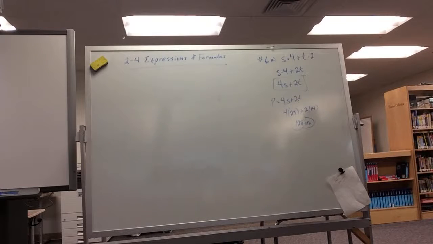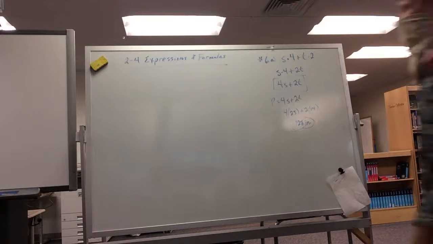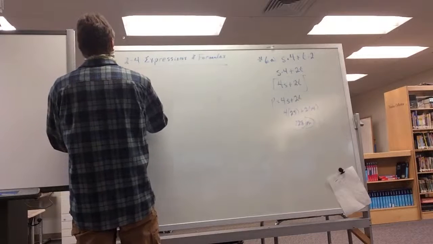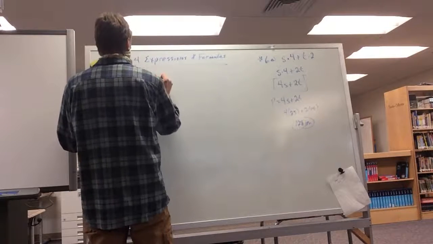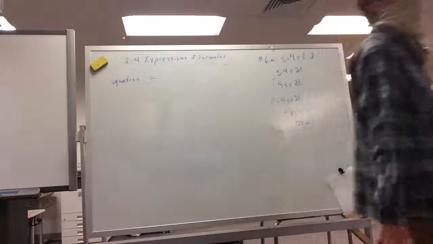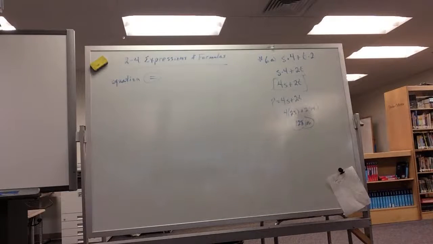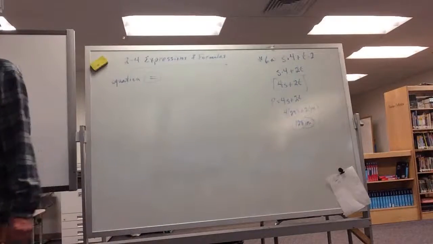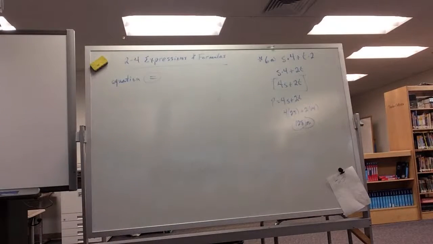So the 2 vocabulary words are equation and formula. An equation needs an equal sign. It's that simple. And a formula is going to have more than one variable.